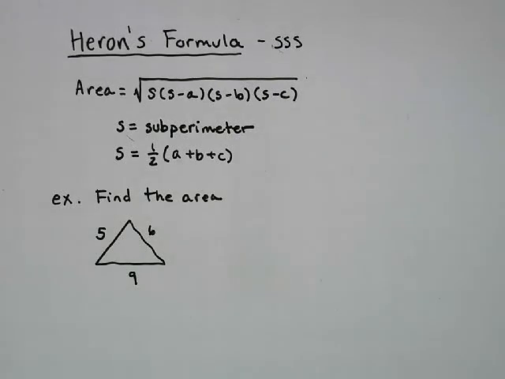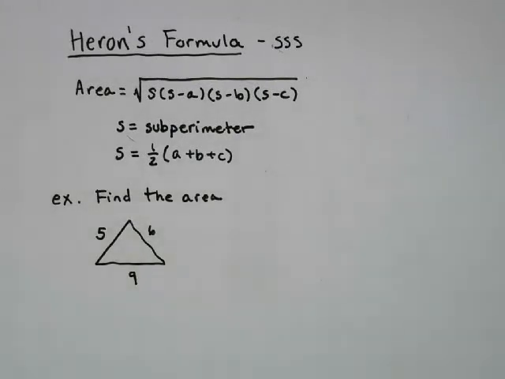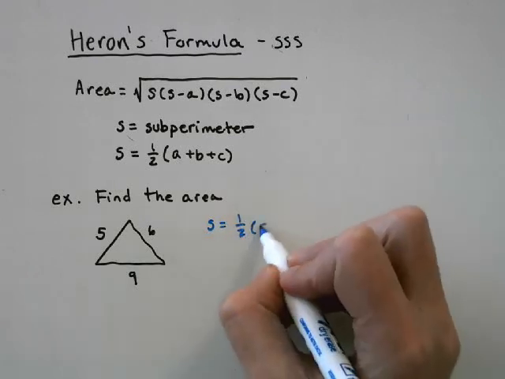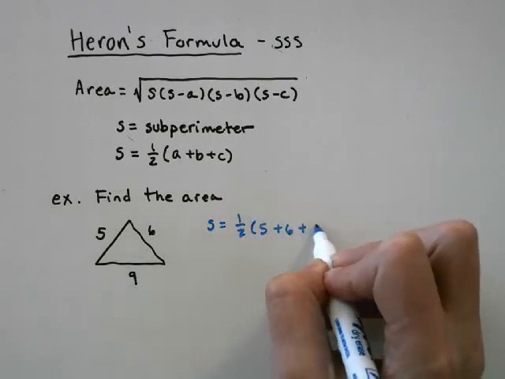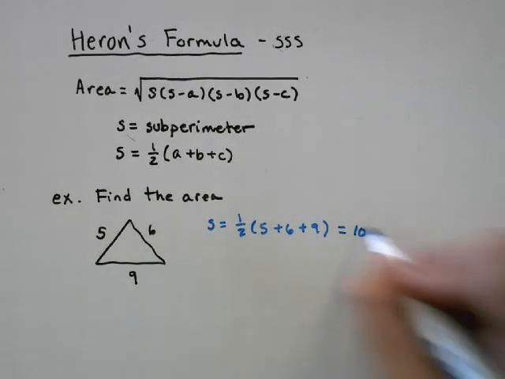All right, so we'll go ahead and do an example of this. So we have three sides, so we use Heron's formula. Our semi-perimeter is going to be 1/2 of 5 plus 6 plus 9, which is going to be 10.